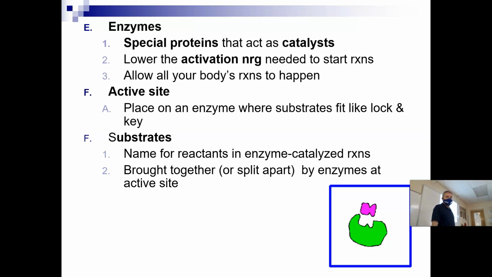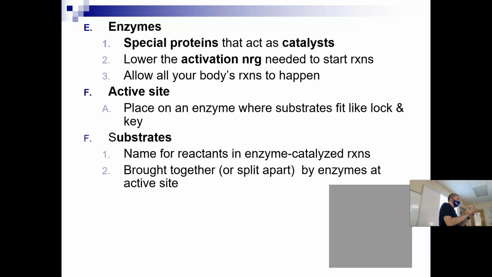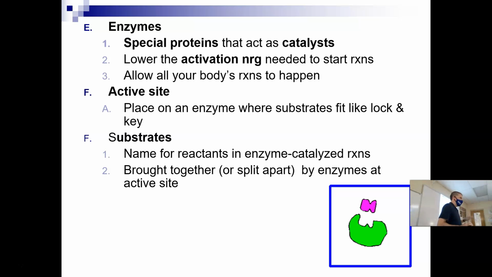I drew you one version of it, and then we had a little animation of the other version. The basic idea is it fits in there, and then the enzyme's active site puts just the right kind of pressure on either the two things that need to smush together or the one thing that needs to split apart so that that can happen more easily. So that's what it physically looks like when the energy stuff is going on that you drew.